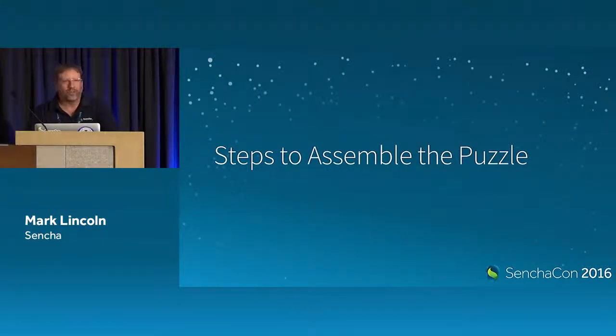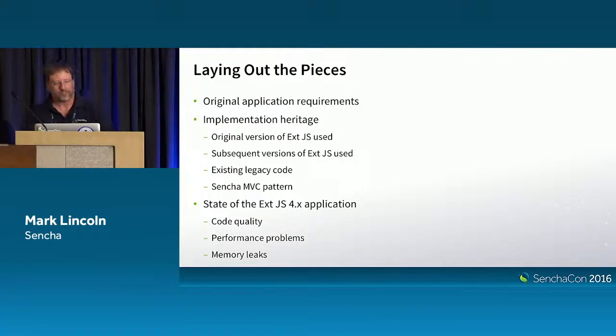So let's go through the steps that we would do to put together our application to perform the upgrade. The first thing we want to do is see if we can find the original requirements. That's going to give us some idea of what the application was supposed to do in the first place. You may or may not have been one of the original developers on that application.